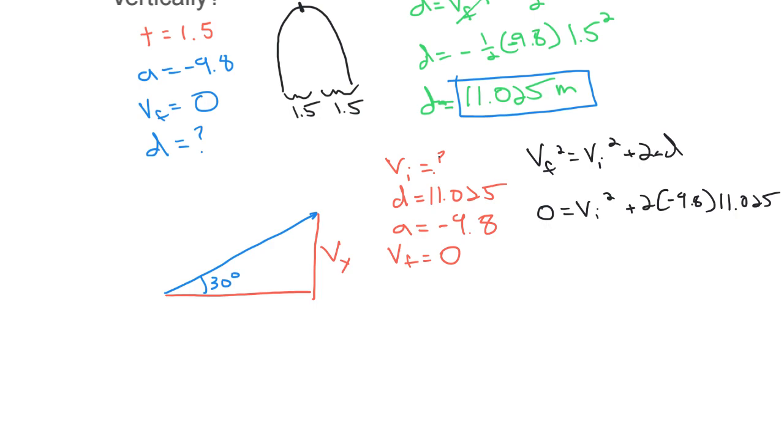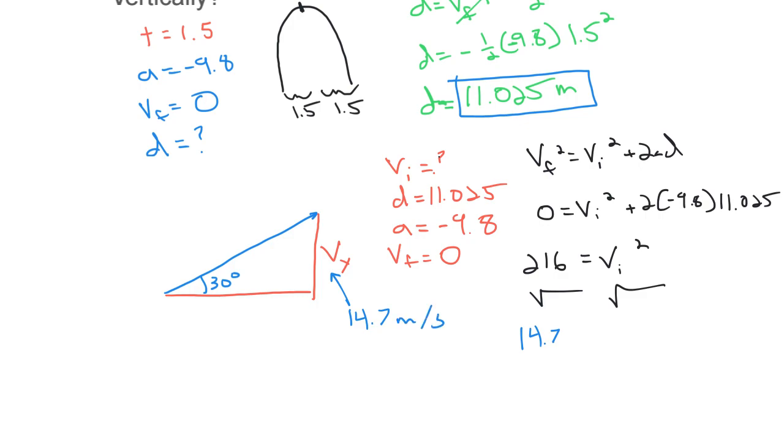So 2 times 9.8 times 11.025 gets me 216. So 216 equals v initial squared, take the square root. And we get 14.7. So this velocity in here must be 14.7 meters per second.